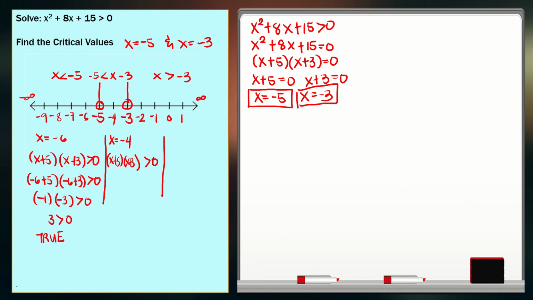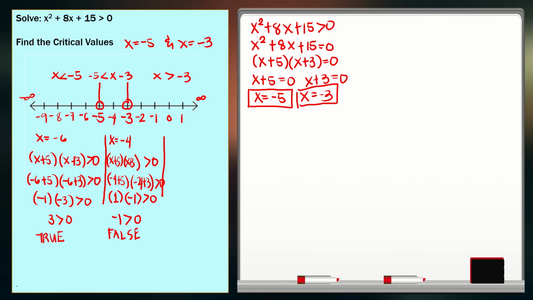We have negative 4 plus 5 multiplied by negative 4 plus 3 is greater than 0. Negative 4 plus 5 is positive 1. Negative 4 plus 3 is negative 1. 1 times negative 1 is negative 1, is that greater than 0? We know that negative 1 is greater than 0 is not true. So that means this is false.